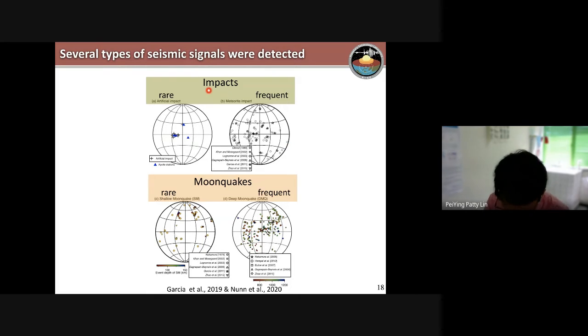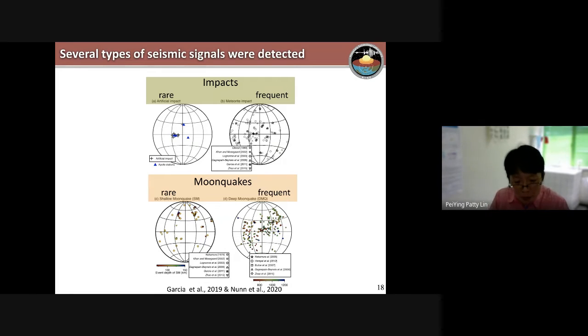Not only signals from impacts, but they also identified 2 types of moonquakes, based on the depth. One type is shallow moonquakes. These usually occur at about 50 to 220 kilometers depth in the Moon, and actually there are not many: only 28 shallow events were recorded. The other type is deeper; we call them deep moonquakes.